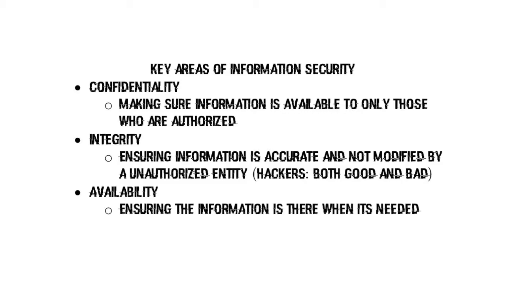Integrity is ensuring the information is accurate and is not modified by an unauthorized entity. And in this scenario, we said that those entities could be hackers, both good and bad. For integrity, we want to make sure that those files remain how they're supposed to remain. They're supposed to look the way they're supposed to look. When you get a document file, you don't want it changed to say something that you didn't say.